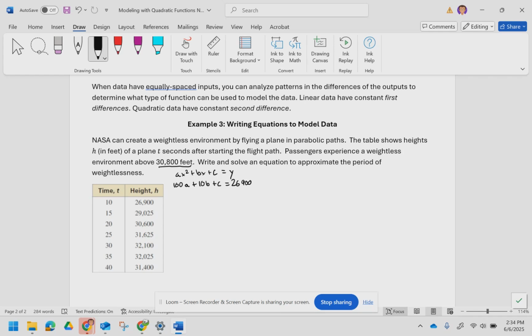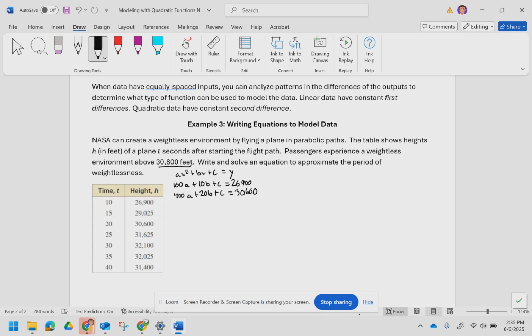All right, so now let's do it with 15. Or actually, I kind of like round numbers. Let's use 20 instead. So 20 squared would be 400a plus 20b plus c is equal to 3,600.